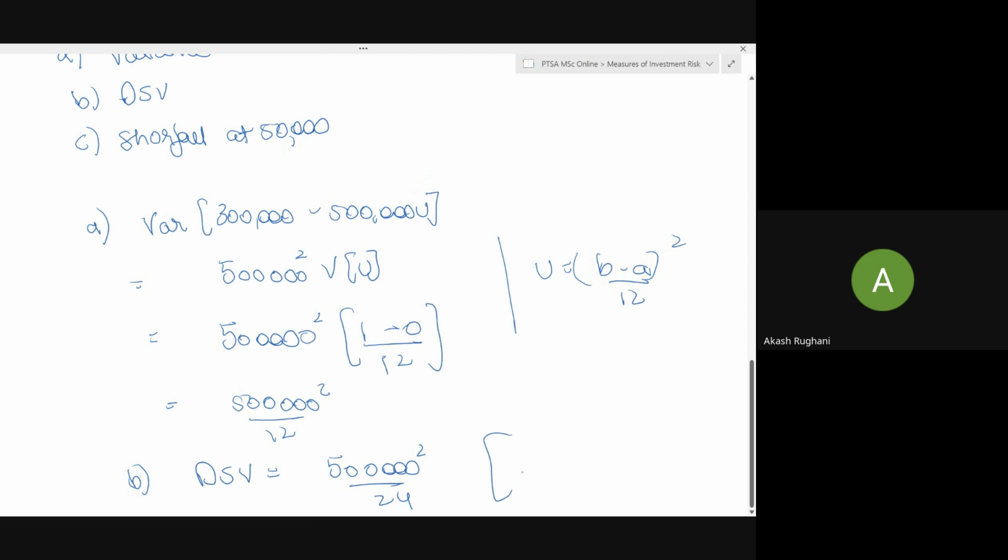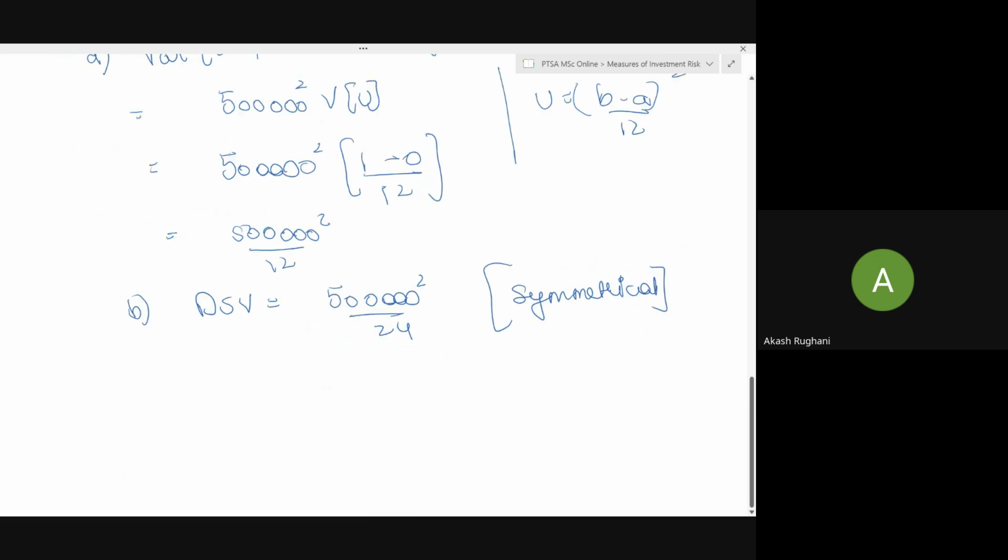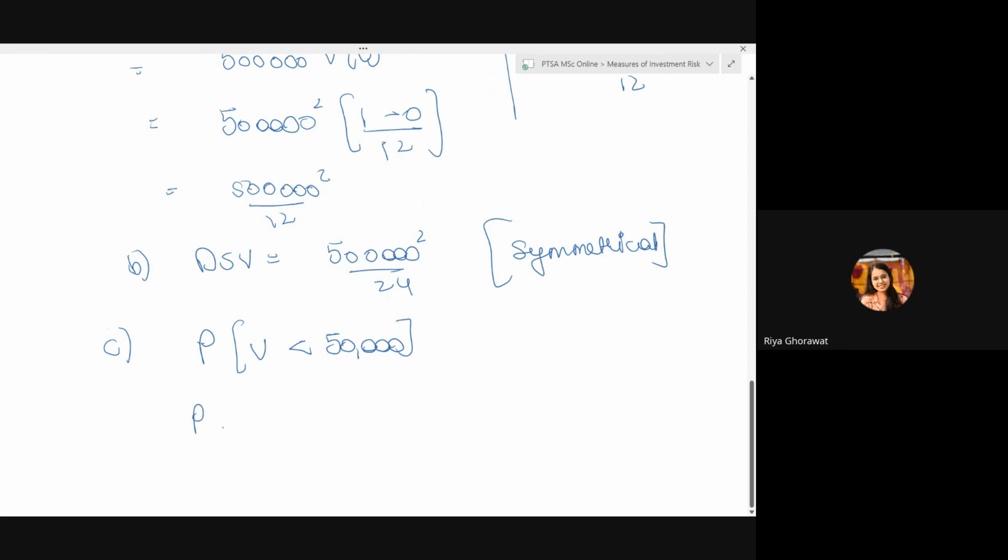Very good, since symmetrical. Ria, shortfall, probability that R is less than 50,000. Probability 3 lakh minus 5 lakh U less than 50,000. Then probability minus 5 lakh U less than minus 2 lakh 50,000.